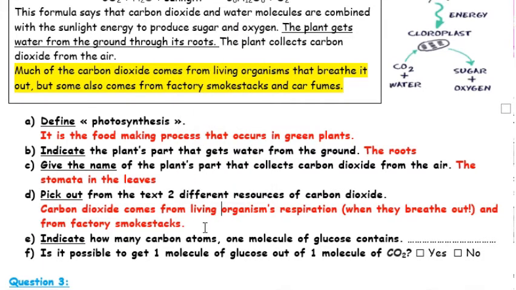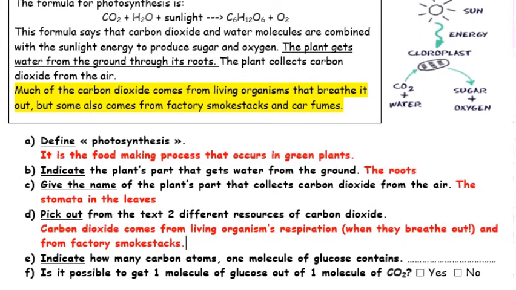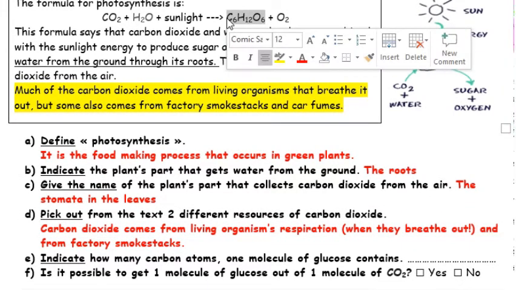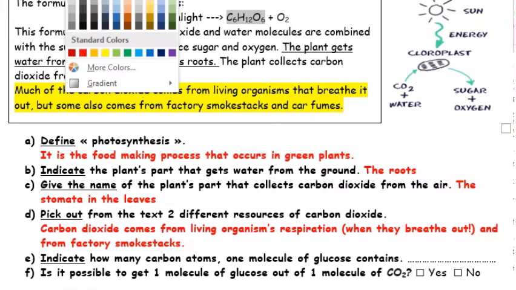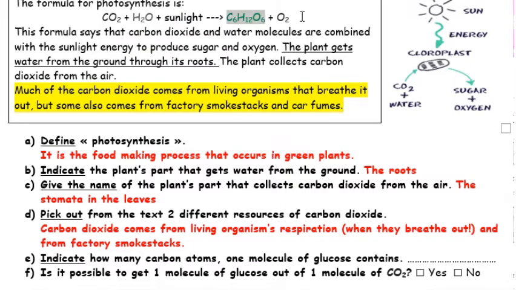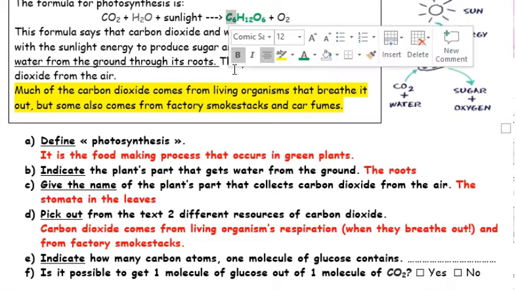Okay, let me put it this way. Indicate how many carbon atoms one molecule of glucose contains. Let's see. So this is one molecule of glucose. How many carbon does it contain? Take a look at this.